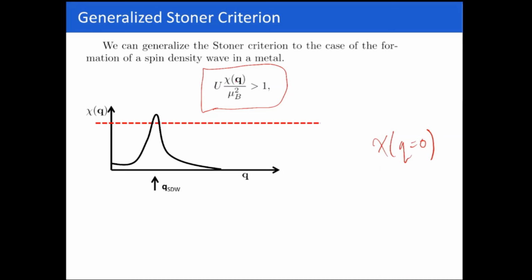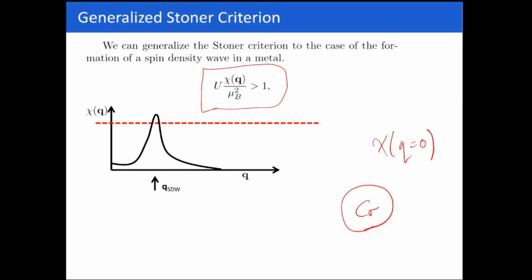So some Fermi surfaces lead to having the maximum in the wave vector dependent chi being away from Q equals 0, such as chromium. And this means that chromium orders with a finite wave vector.